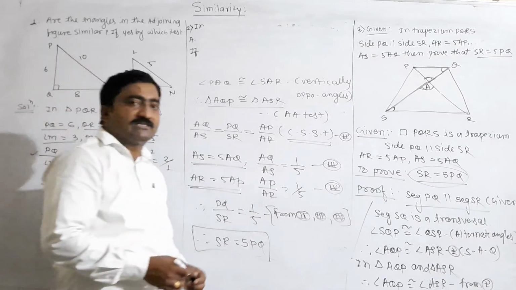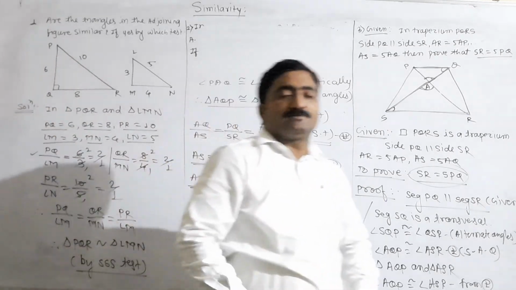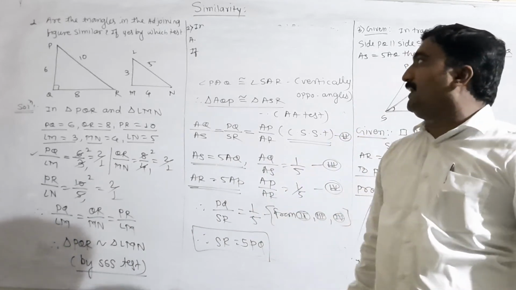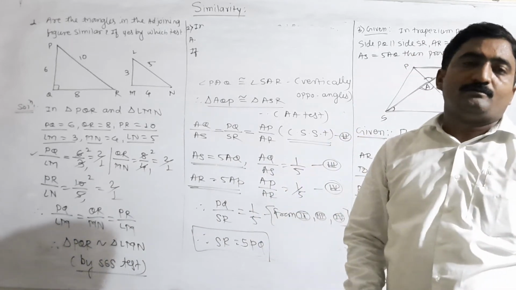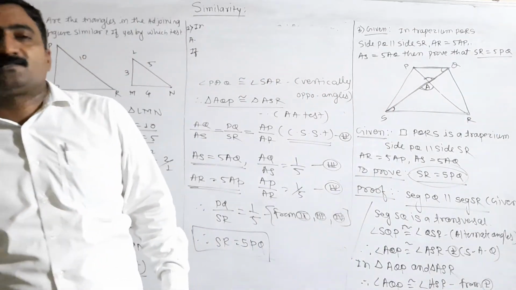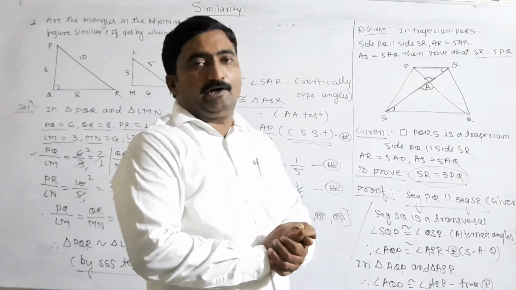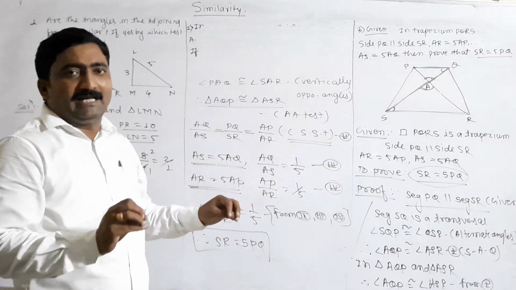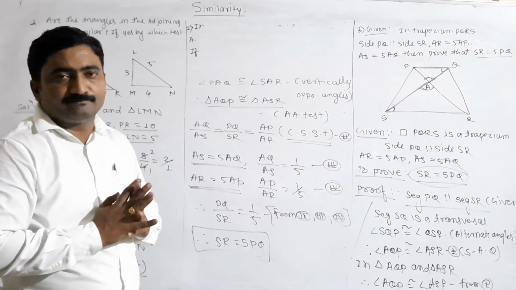In this way, we can solve problems depending on similarity of triangles. In the next lecture, we will study some more examples about tests of similarity of triangles. This is very easy, but remember how to solve the given problem.